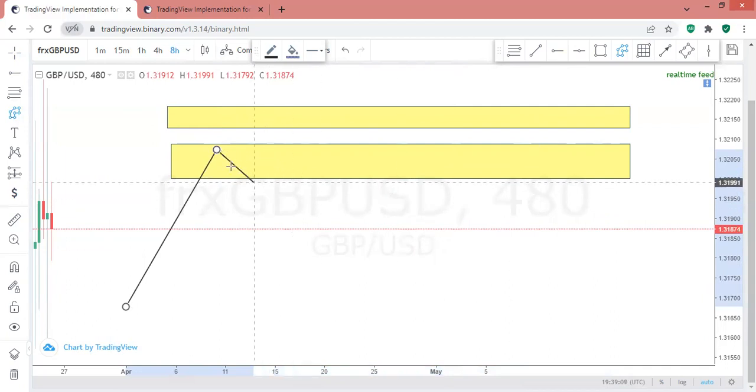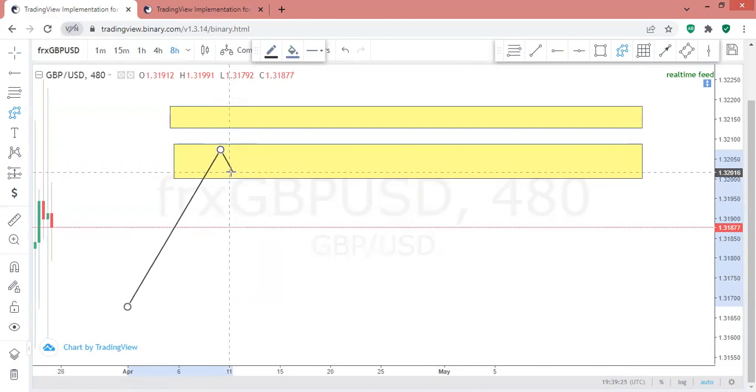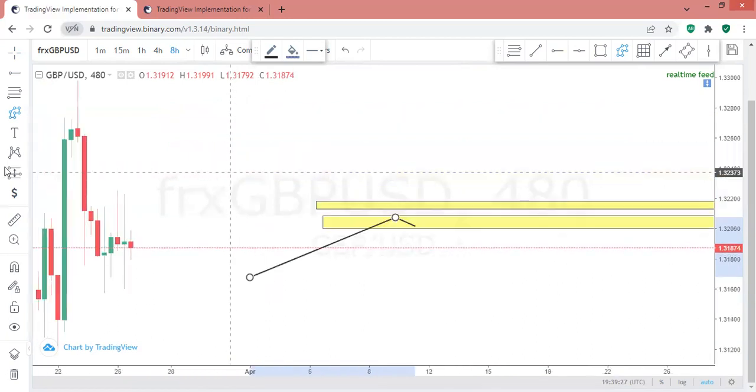But assuming it's a setup of, let's say, 4 hours or 1 hour, you should look for a break of structure on 5 minutes. So immediately price comes into this area and you see price coming.